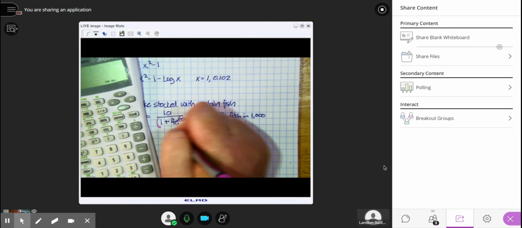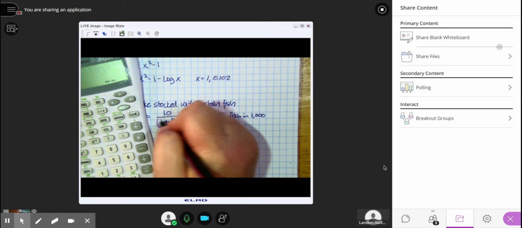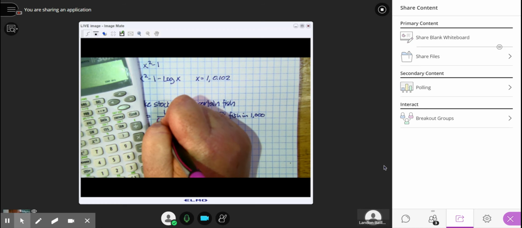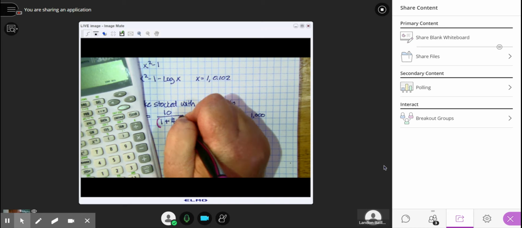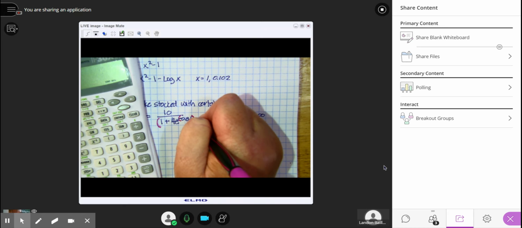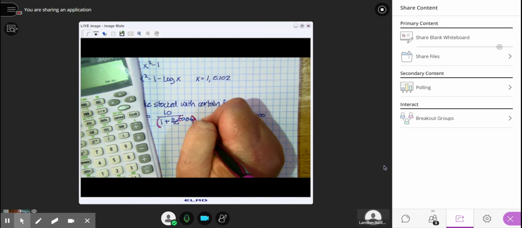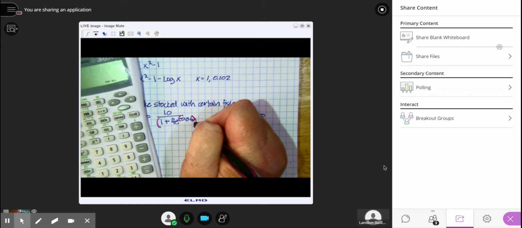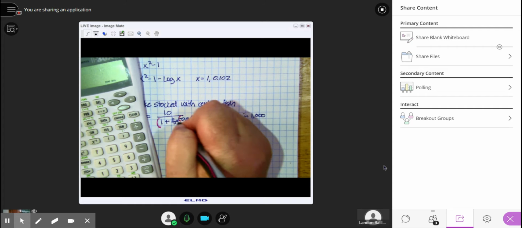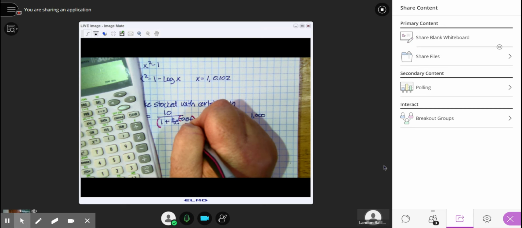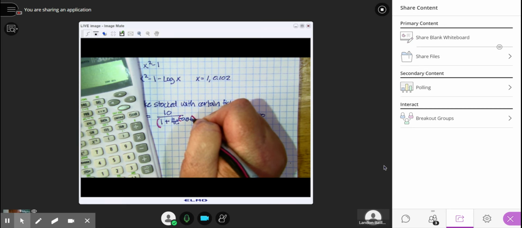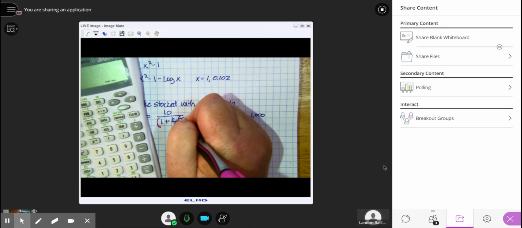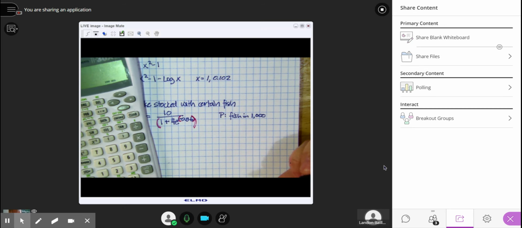If you're doing it all in one fell swoop, put the denominator in parentheses as a whole, and then for your power, either calculate that number out first, and then you won't need parentheses, or if you're not going to calculate it out and do like 0.0 whatever times 5, make sure you put that calculation in parentheses.